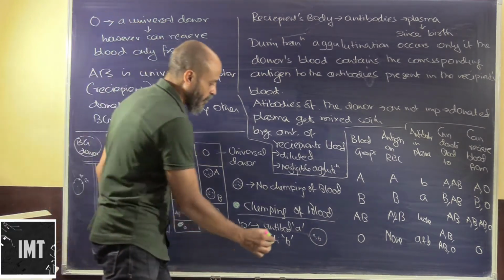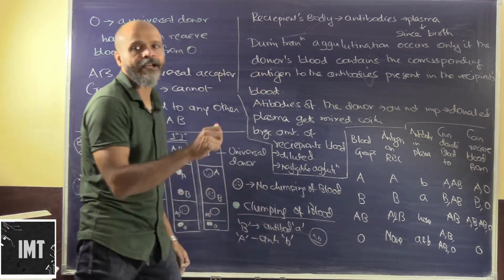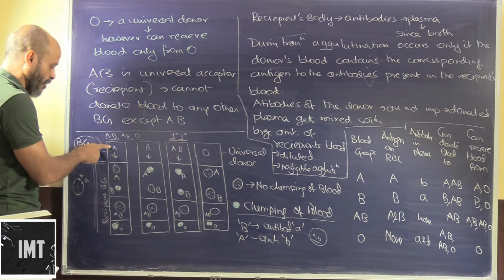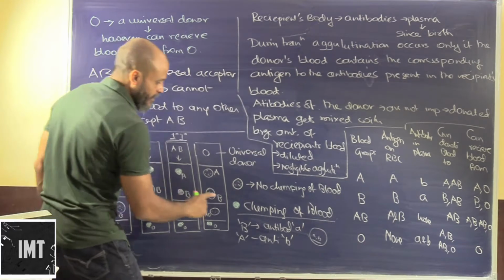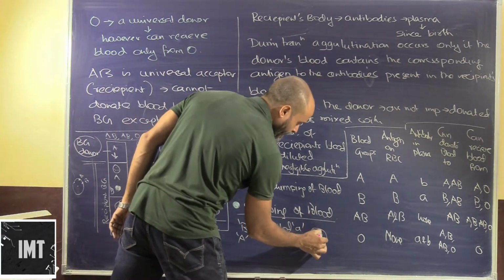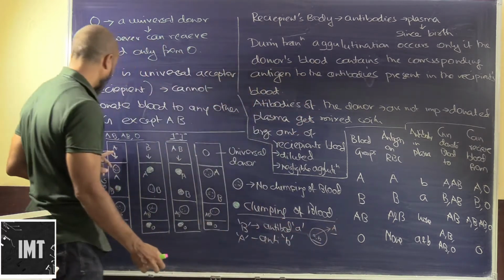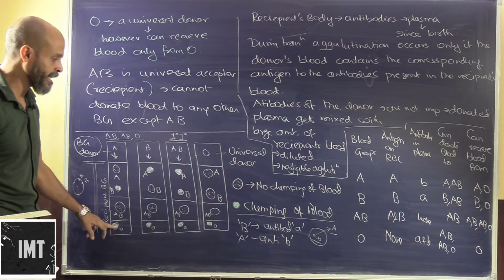So only A and B antibodies will be produced, and if the donor is A, antibody A will react with antigen A of the donor.